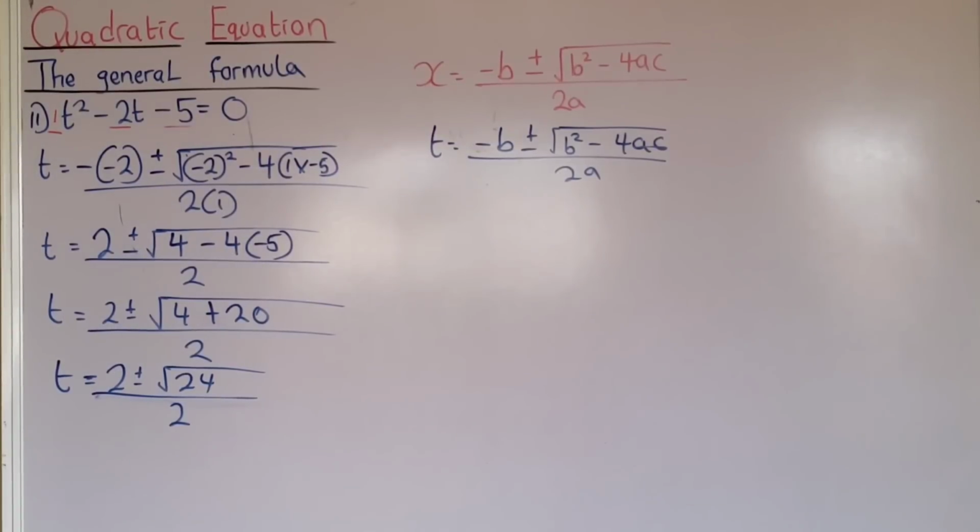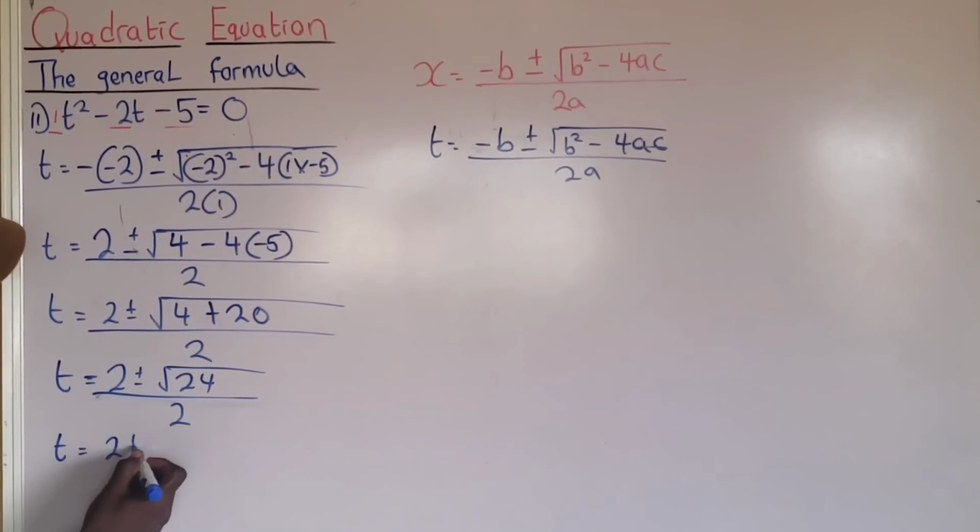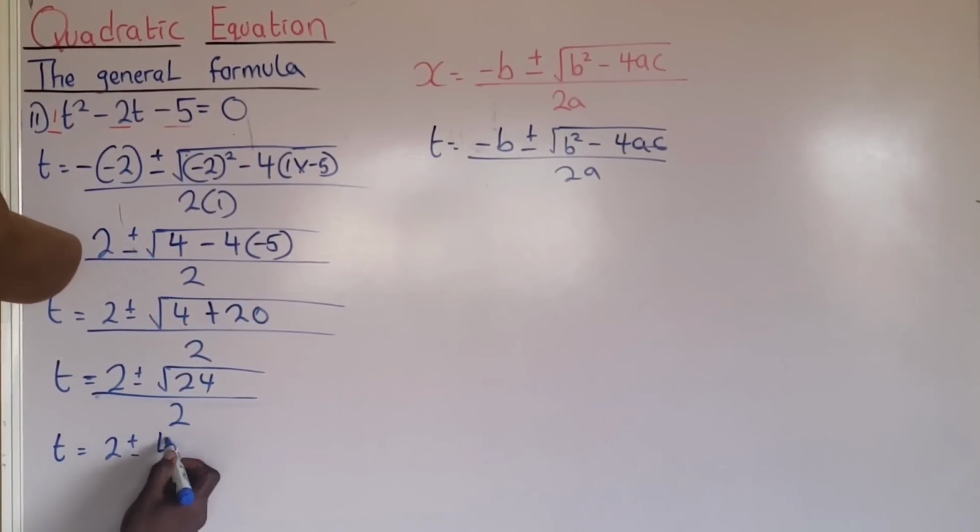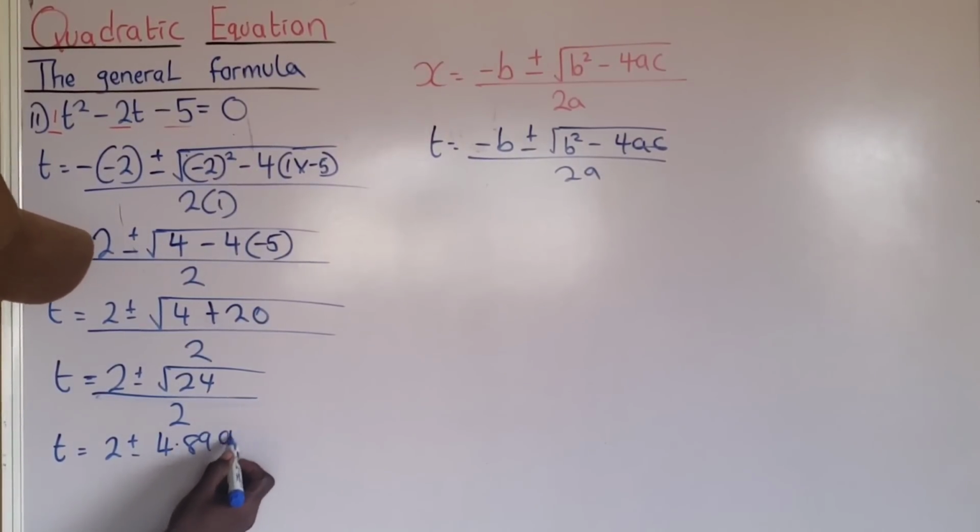Okay? Now, let us take the square root of 24. The square root of 24 is 4.899. So here I'm going to have t equals 2 plus or minus 4.899 all over 2.